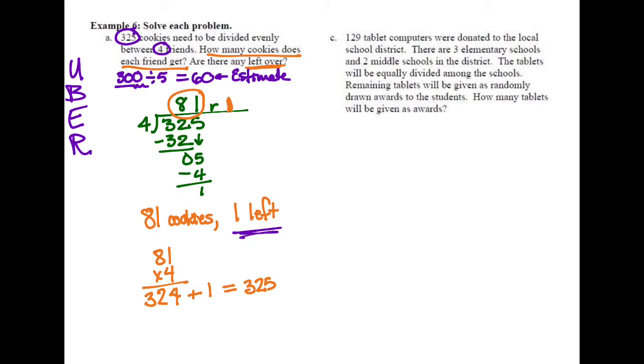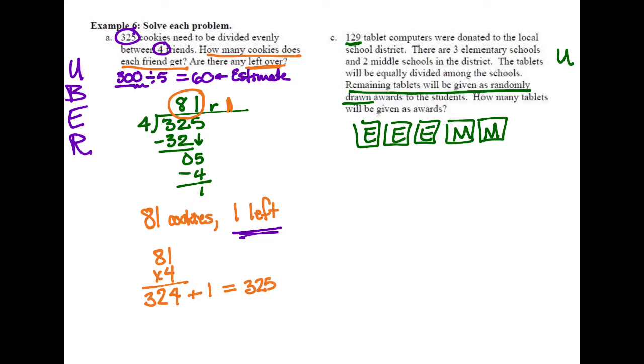Okay, so do we understand it? Let's draw something out here and see what we've got. So we have 3 elementary schools and 2 middle schools. Okay, so these 5 schools are going to get an equal share of these 129 tablets. And if there are any left over, remaining tablets will be given as randomly drawn awards to students.